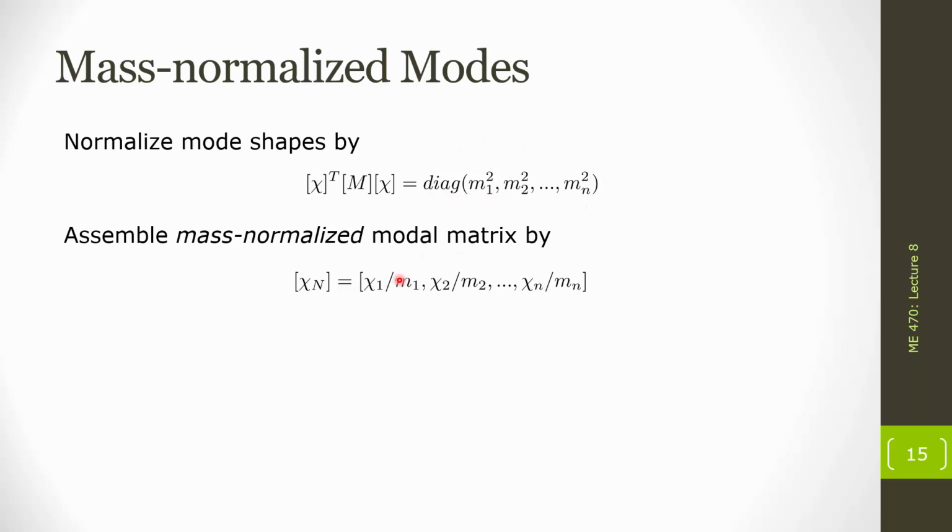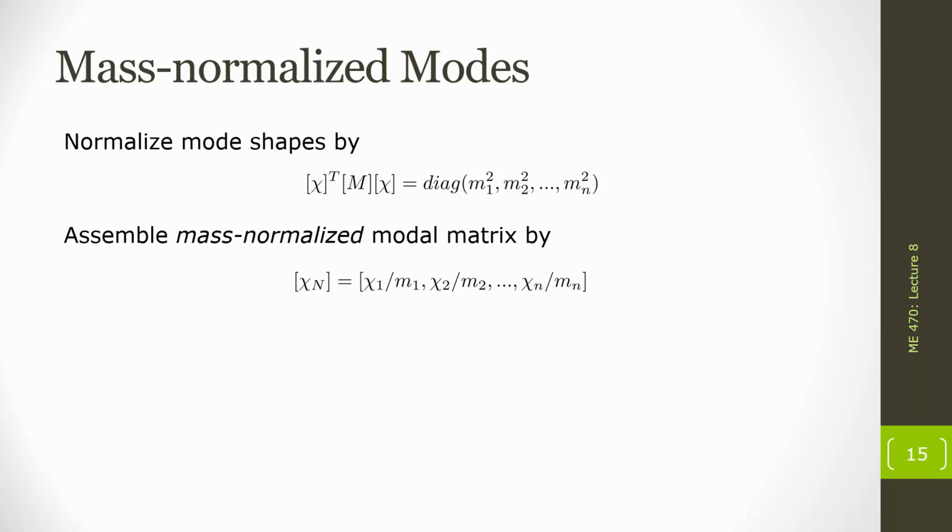So now for chi 1, we're going to divide each entry in it by m1. So we're just rescaling it. And chi 2, we do the same thing for all of the mode shapes until the last one that we divide by m sub n. So I've not changed the mode shapes because I'm just rescaling them, but I'm rescaling them by this specific value.